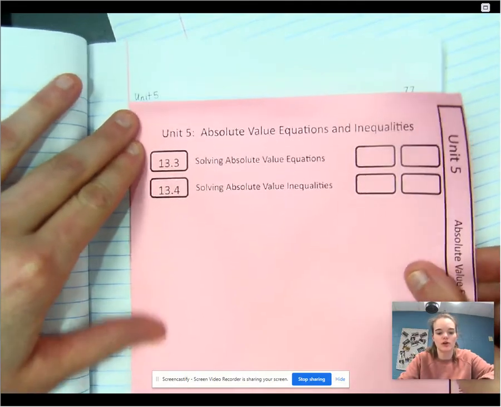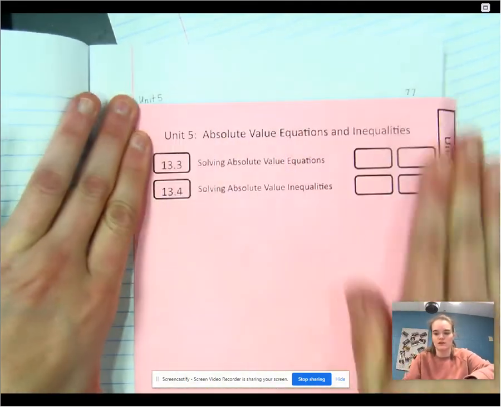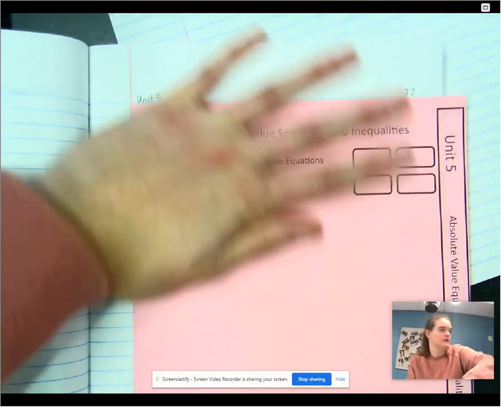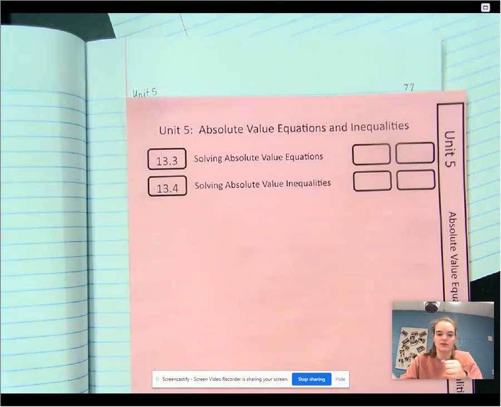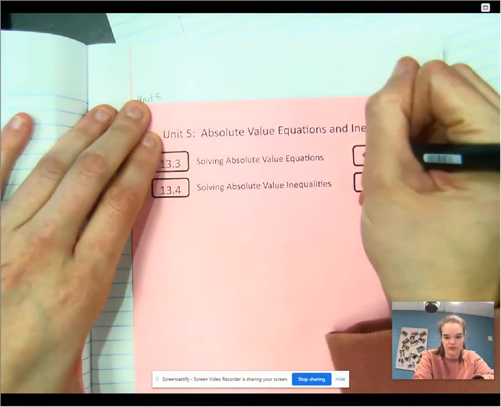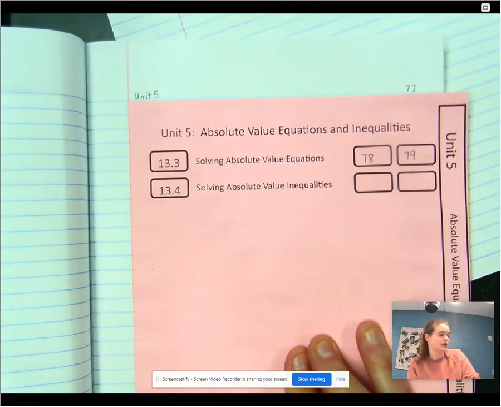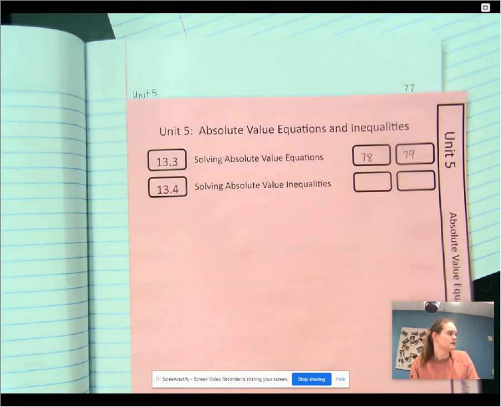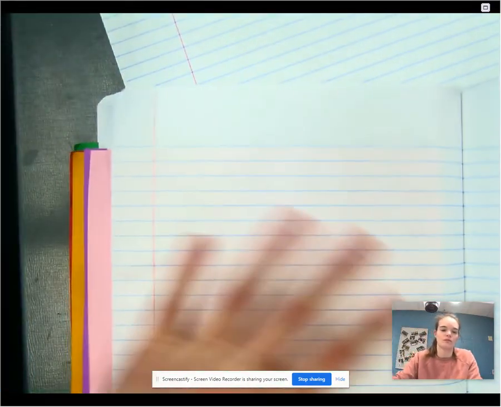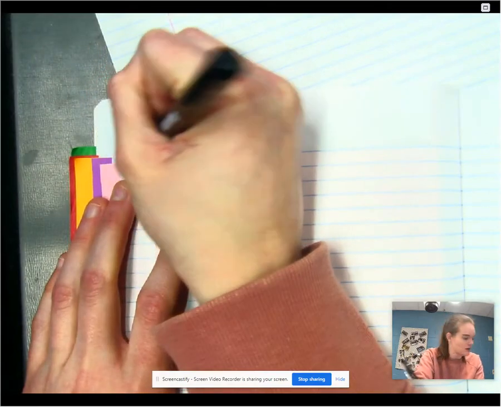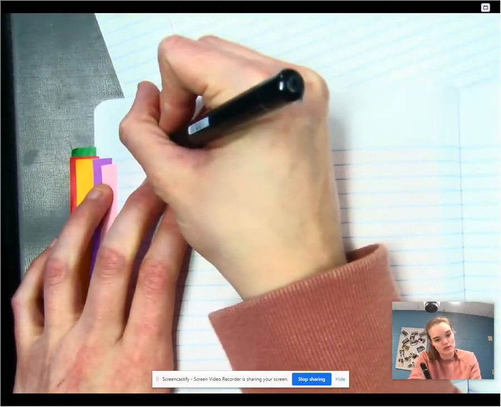Okay, so here's there's our tab, and we are going to be working on pages 78 and 79, so we're going to go ahead and turn those and label them. Okay, so 78 is 13.3.